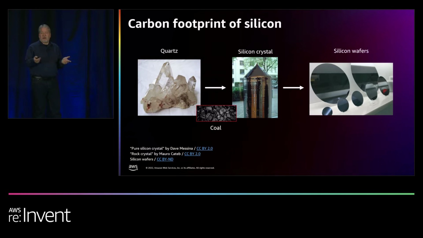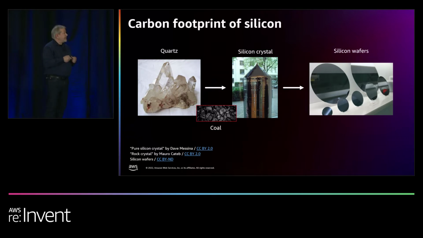So contrary to popular belief, silicon devices are not actually made out of sand. Then what we do is, because quartz is made out of silicon dioxide and we want pure silicon, we have to combine it with a very pure form of coal, which is made out of pure carbon, to basically get the silicon crystal.